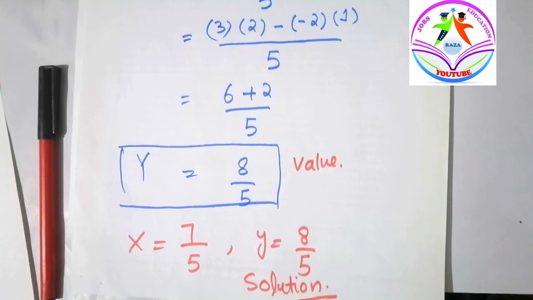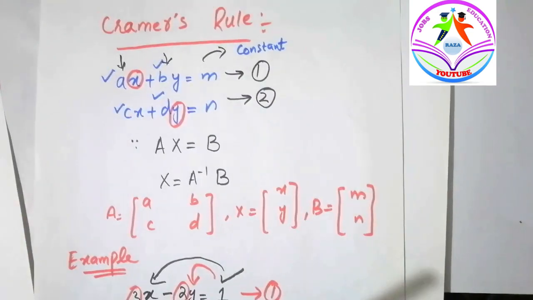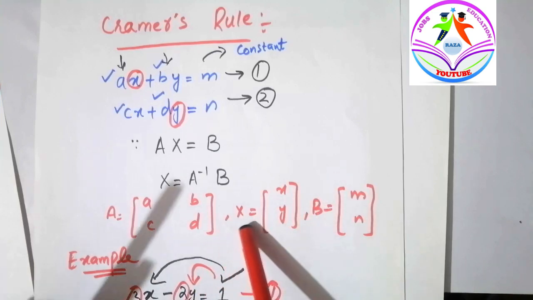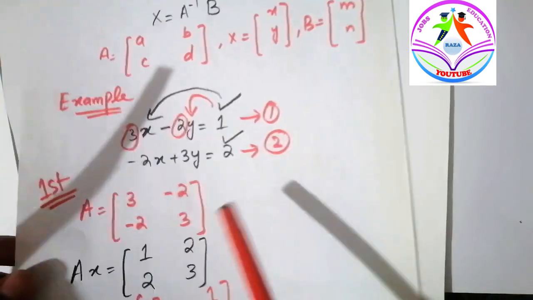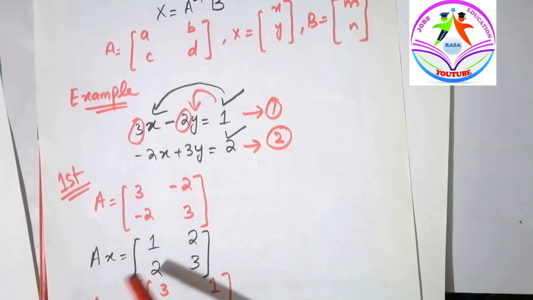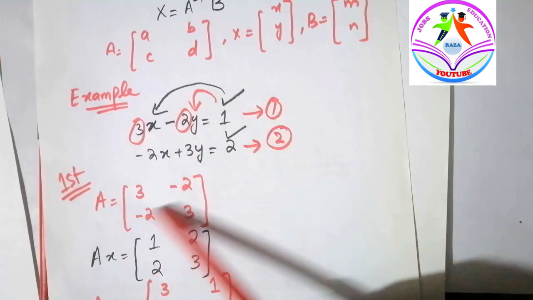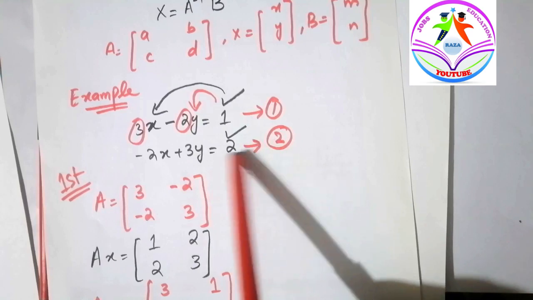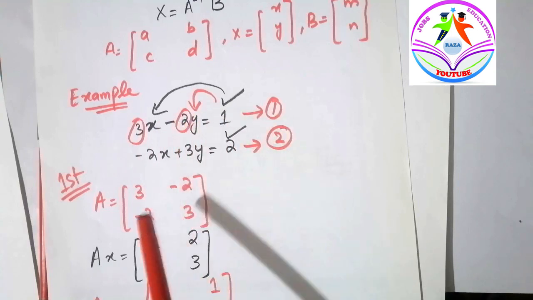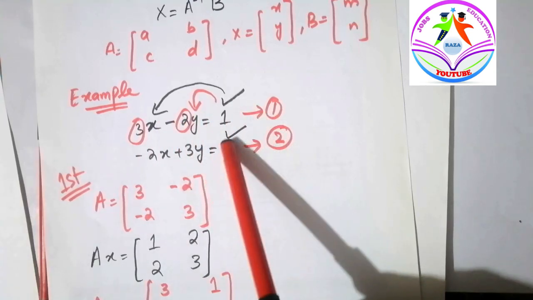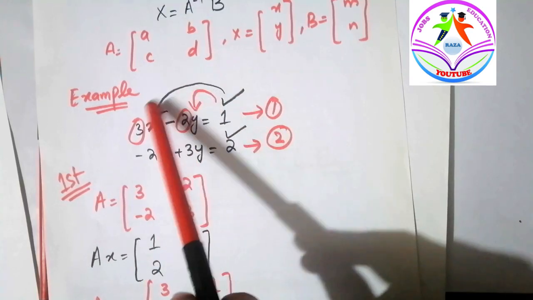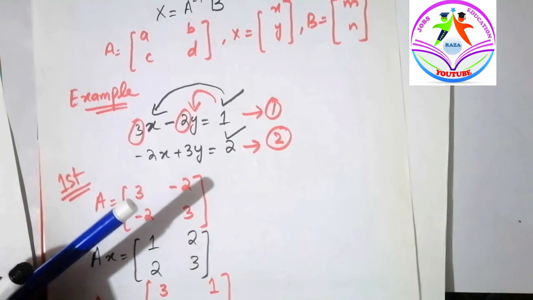Let me summarize it for you. In Cramer's rule, we find the x and y values using two linear equations. We make the A, AX and AY matrices using these two linear equations and the constants. First we make the A matrix by picking up the x and y coefficients, then we use the two constants to replace the x values to make AX, and replace the y values to find the AY matrix.